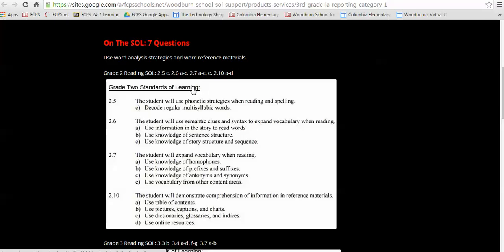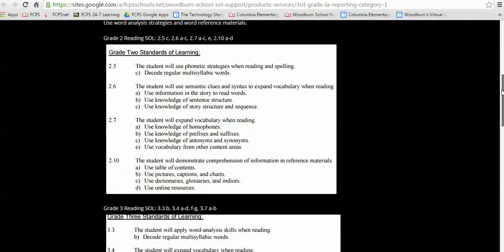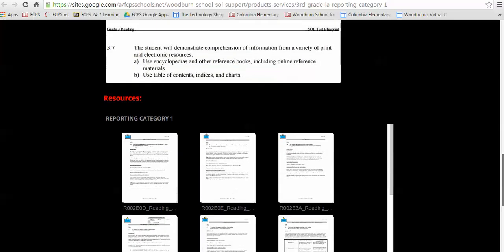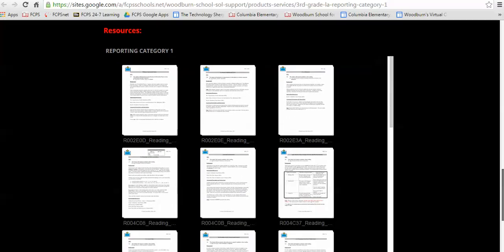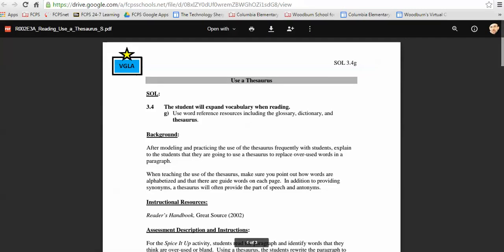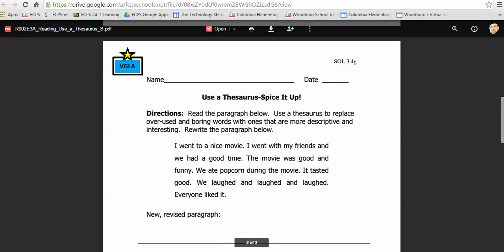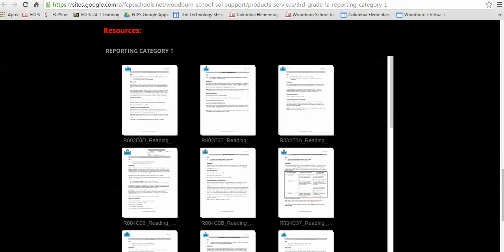Now notice for this particular category they're grade 2 standards because those are areas that are tested, and I move down here for grade 3 standards. And then here are the resources for this reporting category. Now these are all eCart resources, but what's nice about this is I can click on them and everything's right here. I don't have to go searching through eCart to find them, so it's really nice to have it all in one place. Then I'm going to close here and then go back.